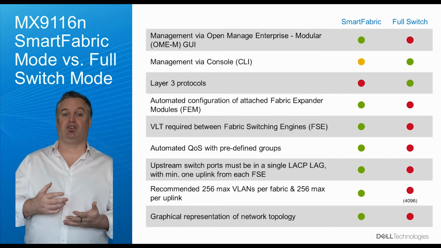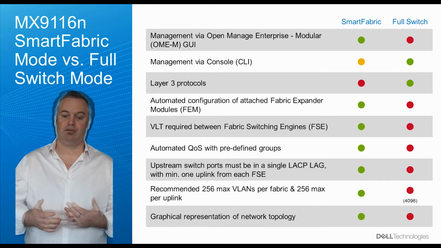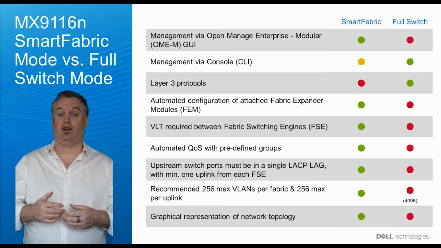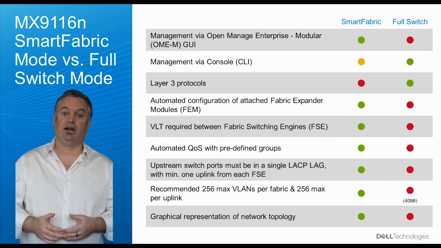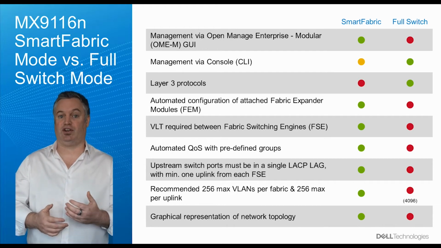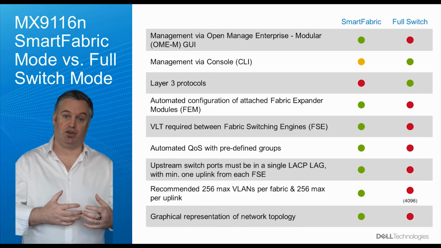But before we jump to that, what are smart fabric services? So, smart fabric services provide an autonomous fabric deployment, expansion, and lifecycle management facility for our smart fabric switches.